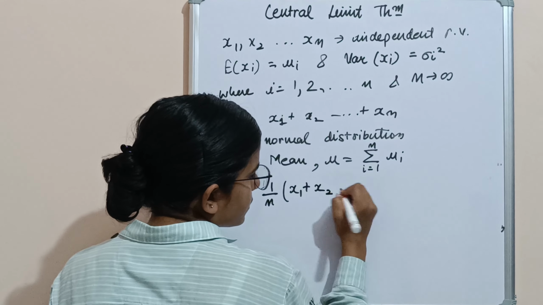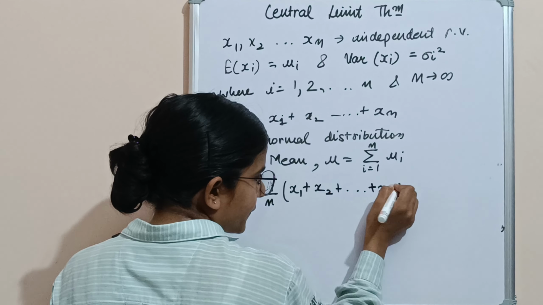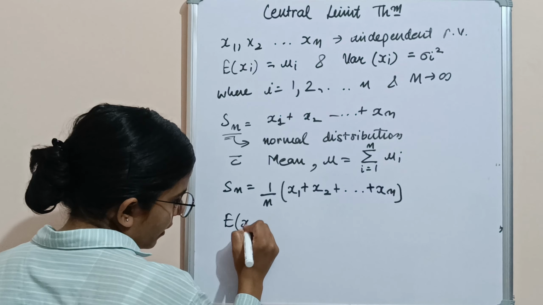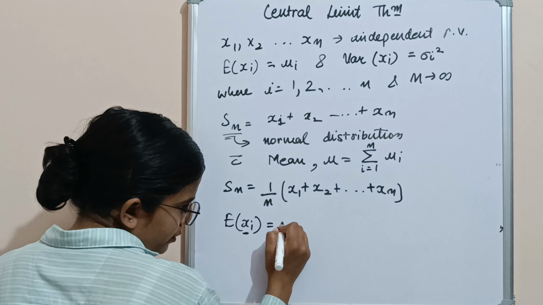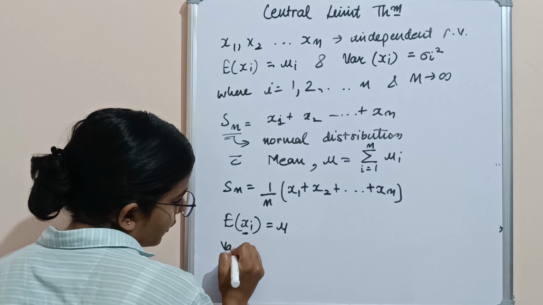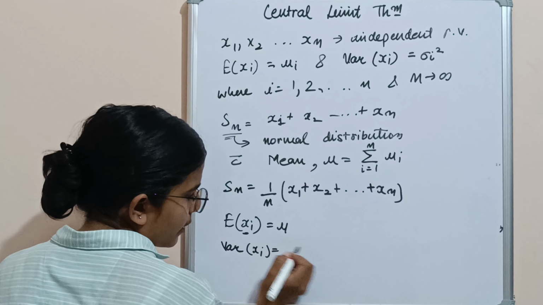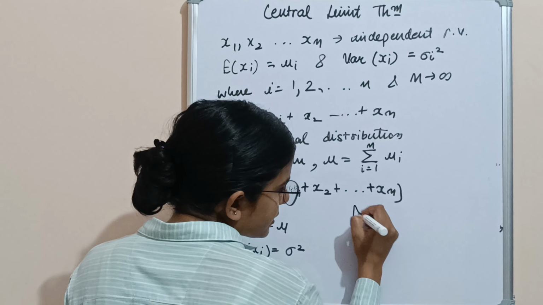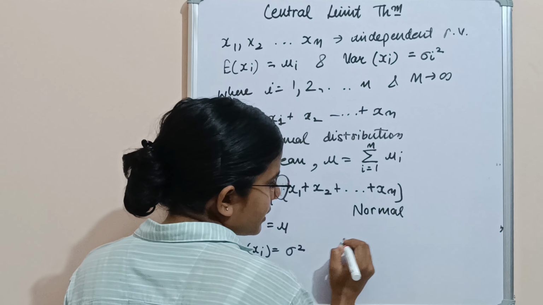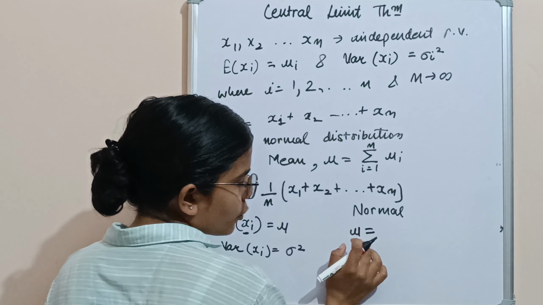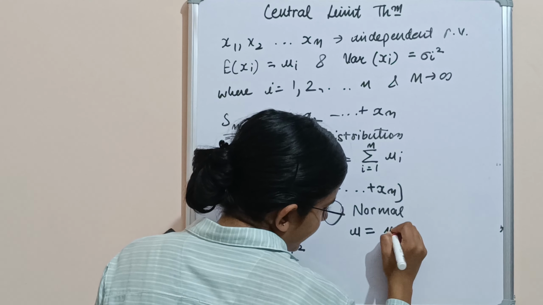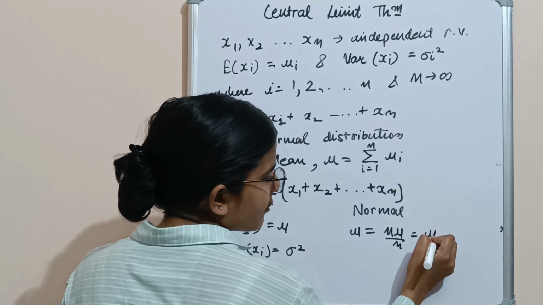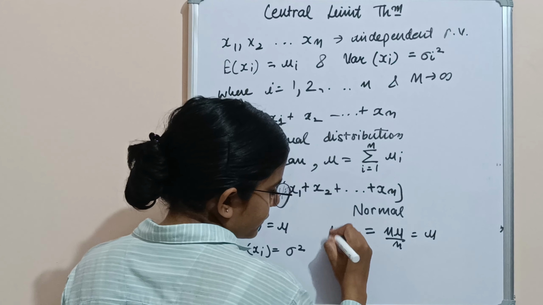x1 plus x2 till xn, and mean value for every random variable is mu and variance for every random variable is sigma square, then this Sn will follow normal distribution with mean mu equals n times mu divided by n. This will be equal to mu only.